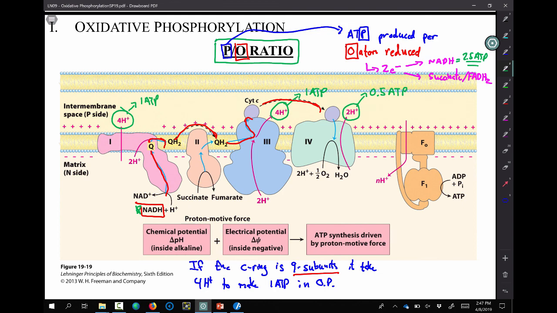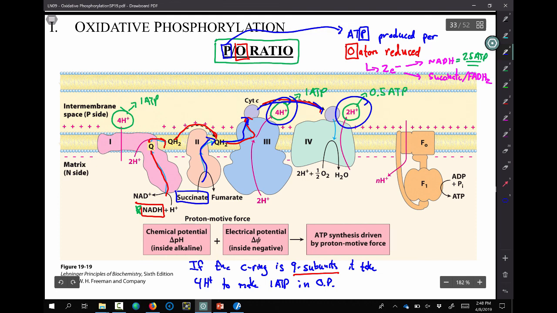But anyway, now, obviously, if you sit here and think about succinate, it's going to go through complex 2, no protons pumped. Those same electrons make it to cytochrome C. That will pump 4 protons, 1 ATP. Those same electrons will then make it to complex 4 and pump an additional 2. That will make 1.5 ATP.